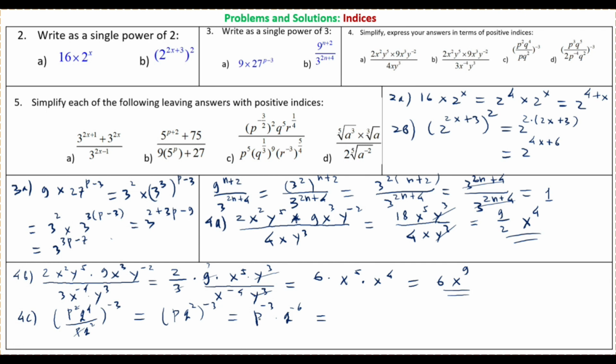So p to the power of minus 3 equals 1 over p to the power of 3, times q to the power of minus 6, which equals 1 over q to the power of 6. So we can get 1 over p to the power of 3, q to the power of 6. So that's for 4c.